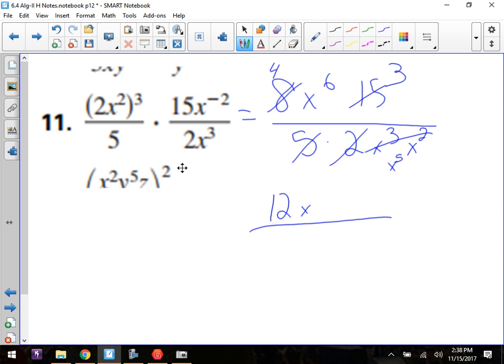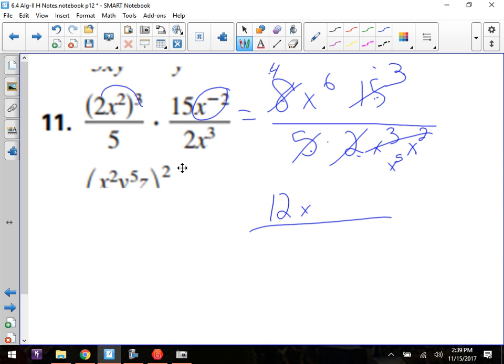Oh, I got it. I made this guy unhappy, so he moved down. And I just simplified this. 5 goes into 15 3 times. 2 goes into 8 4 times. 4 times 3 is 12. It's not 15 divided by 5 to the third, I just simplified a fraction.